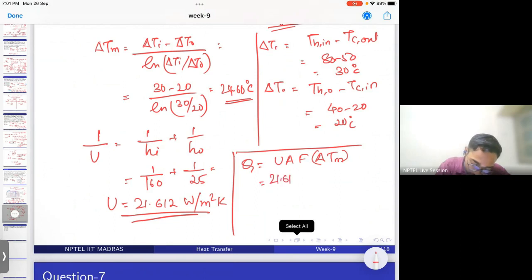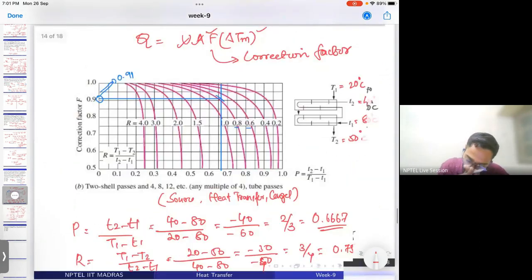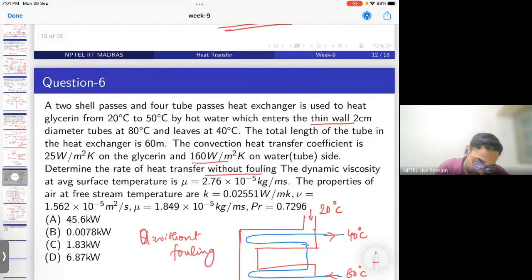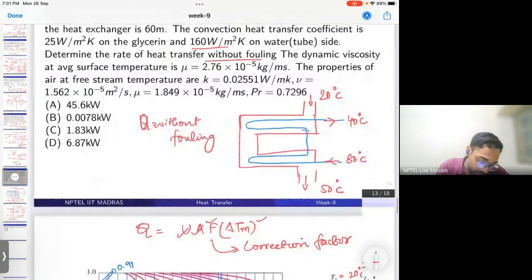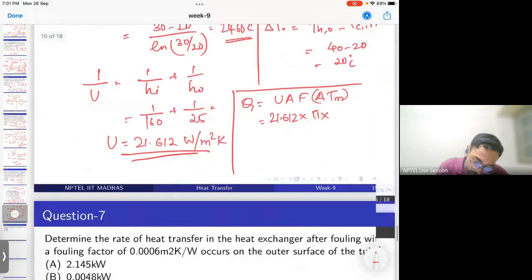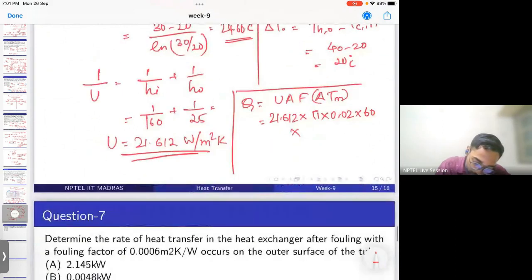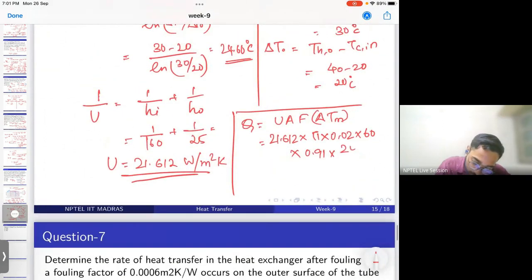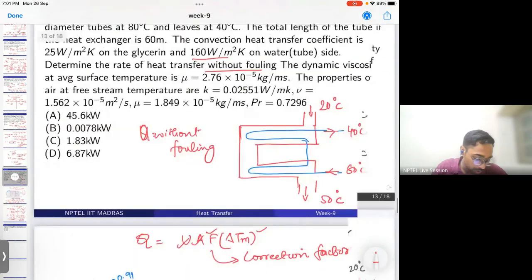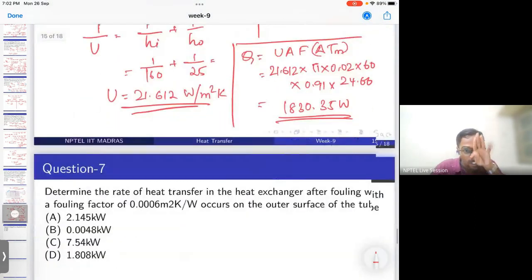U is 21.612, it is pi into D, which is given as 2 centimeter, and total length is given as 60 centimeters. It is pi into 0.02 into 60 into F is 0.91 and LMTD is 24.66. Okay. So you will get Q, that is what we need to find out, as 1830.35 watts. So this is the heat transfer for this heat exchanger.